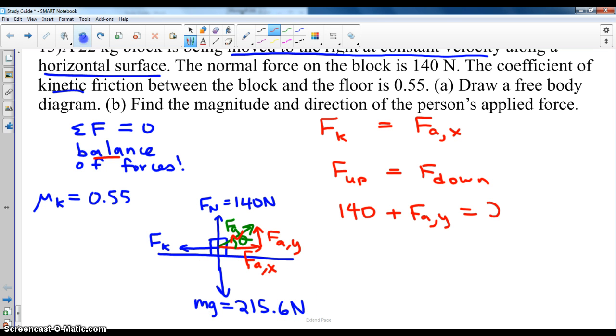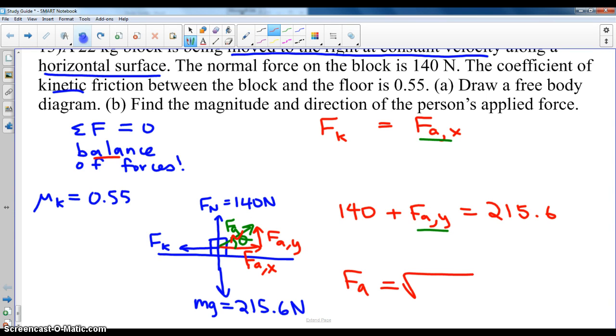Just the 215.6 newtons. And I'm going to take this out. So check it out. If we can find Fax and Fay, then we can easily find the applied force, our unknown, because it's the hypotenuse, right? It has components. It's the hypotenuse. Pythagorean theorem gives us the hypotenuse.